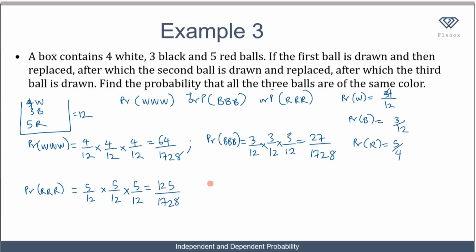So now the probability of having 3 white balls, or 3 black balls, or 3 red balls, since those are the 3 possible cases, will be the probability of having 3 white balls plus the probability of having 3 black balls plus the probability of having 3 red balls.